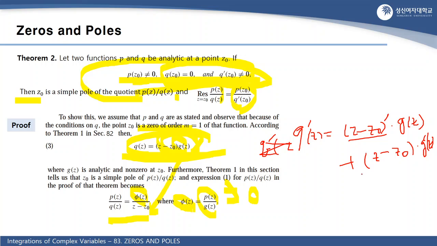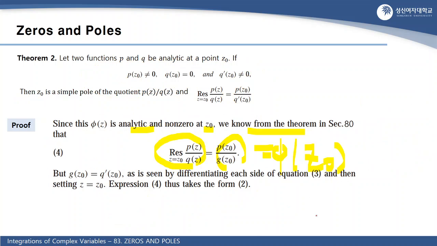Okay. Then we insert z naught for the variable z here. Then this term is 0, and this term is 1, unity. Then we get g of z naught. So Q prime z naught is equal to g of z naught. So we get this, and so the expression for the form 2. Okay, this form.